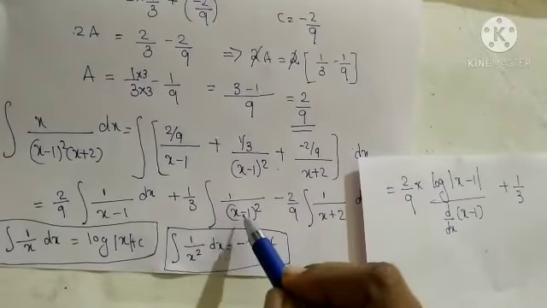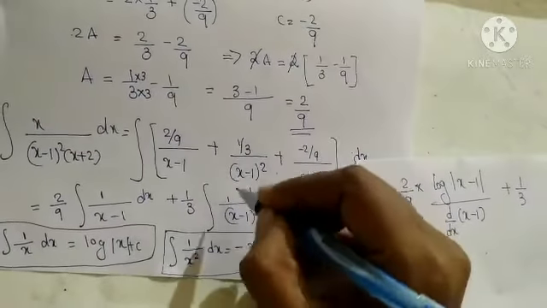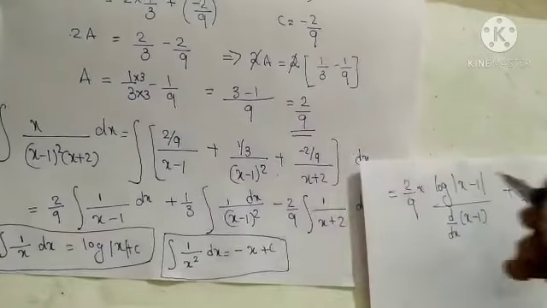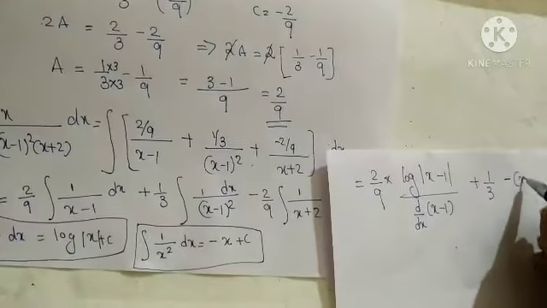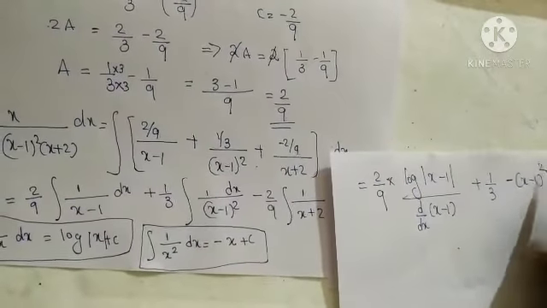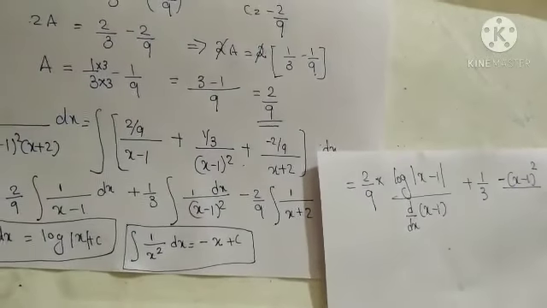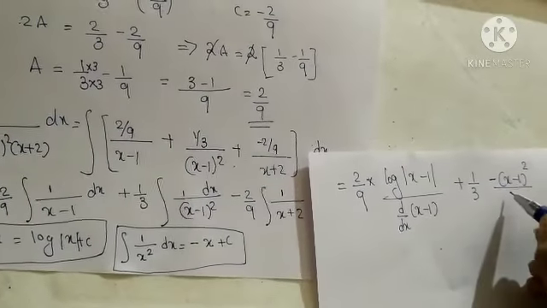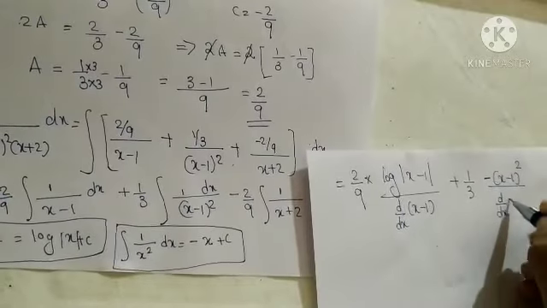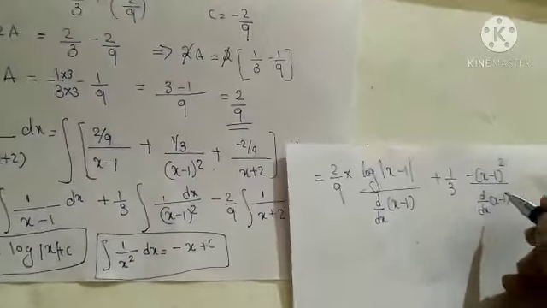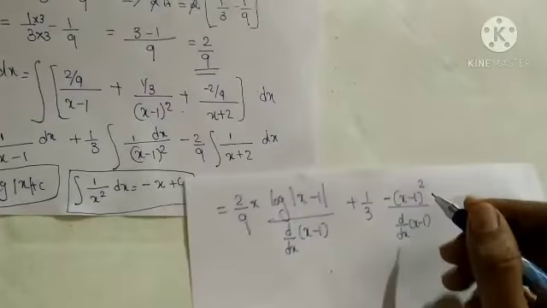So replacing this x by (x minus 1) all square, here we get the integral 1 divided by (x minus 1) all square as minus 1 by (x minus 1) all square, and here also x minus 1 is another function. So using chain rule, we need to find the derivative of x minus 1 and write it in the denominator.